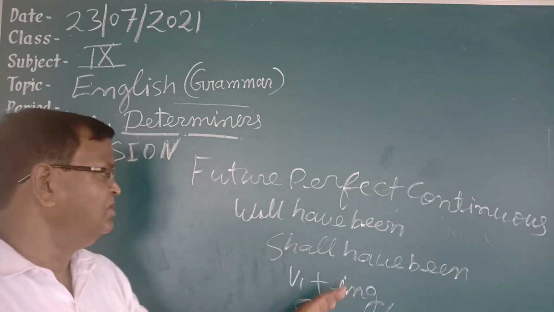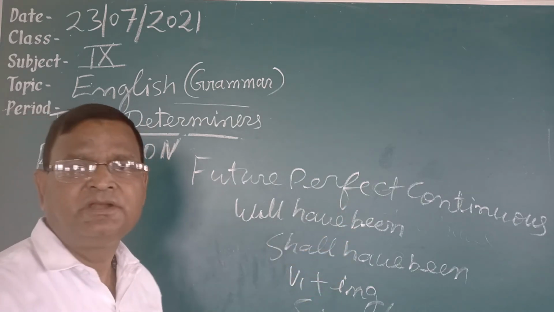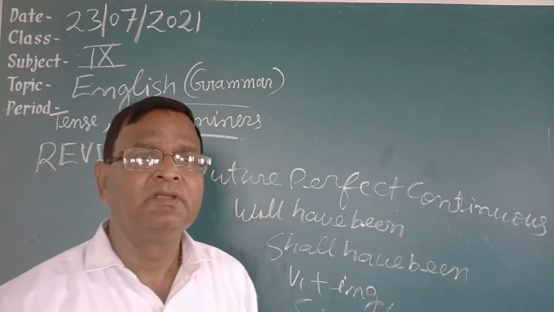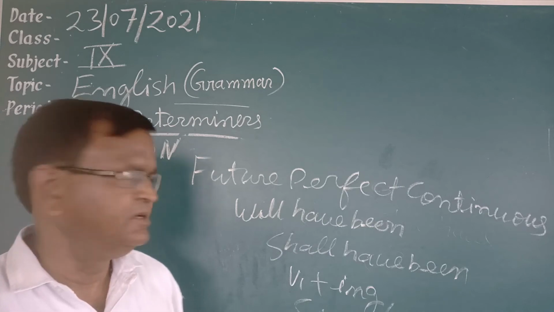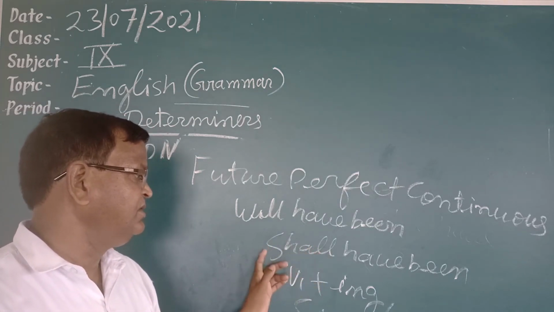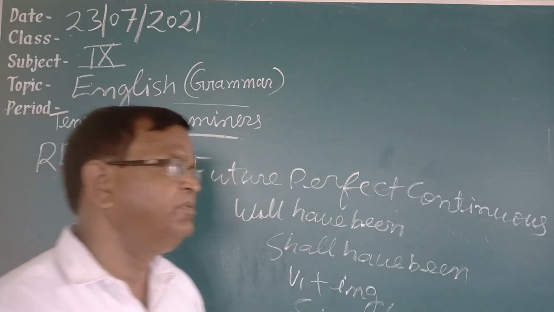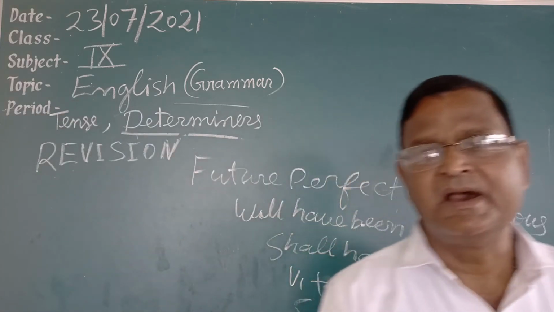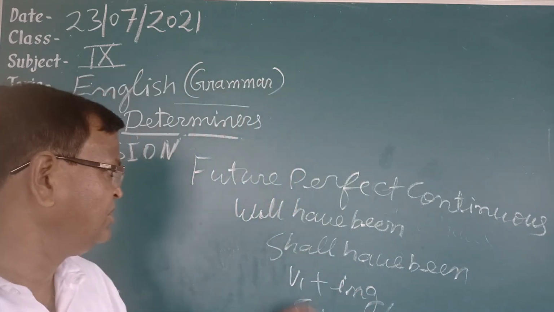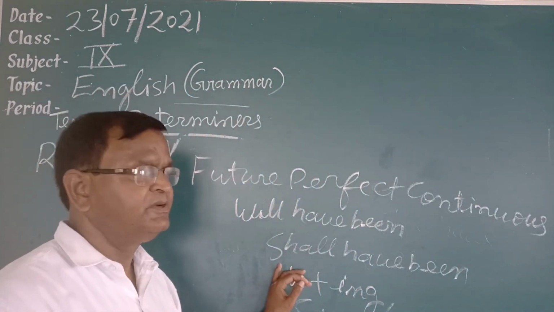If negative, after will or shall, not is used. You have studied, they will not have been going to Agra for 3 hours. If interrogative, the sentence starts with the helping verb, then will or shall comes at first. Will you have been sitting in the garden since 4 o'clock? If an interrogative word comes, the interrogative word comes at first.